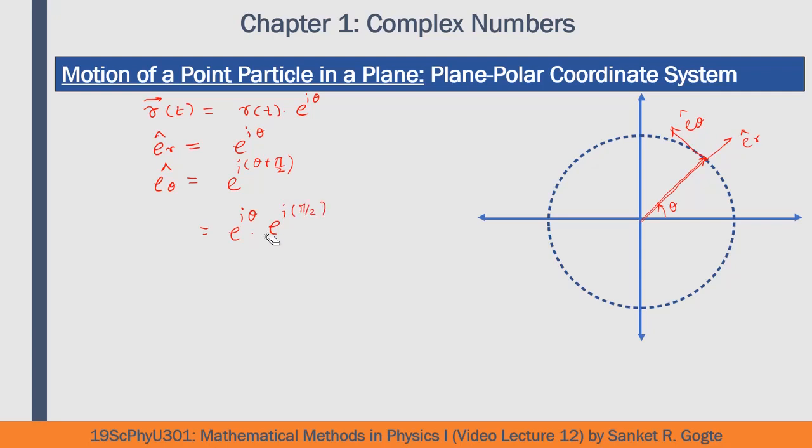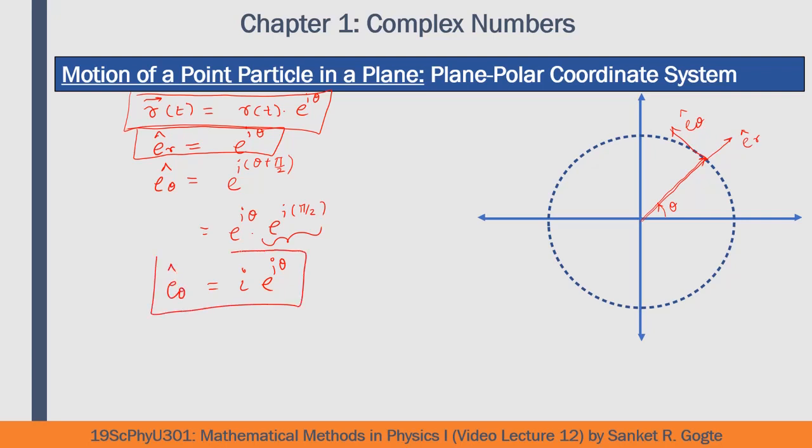E to the power i pi by 2, if I write in rectangular form, is nothing but i, where i is the imaginary number. Therefore e_r gives us the radial unit vector, and the tangential unit vector is given by i into e to the power i theta.